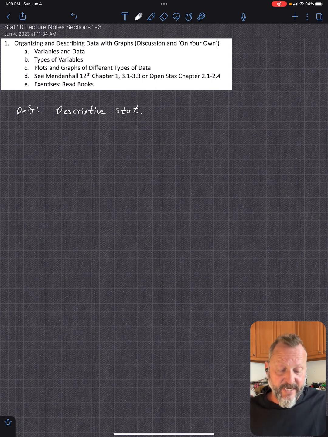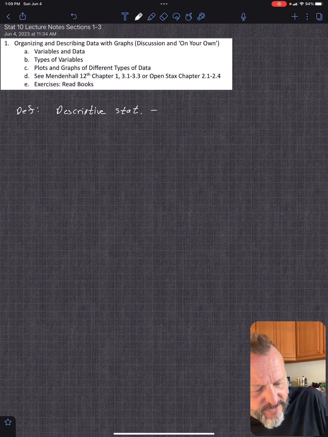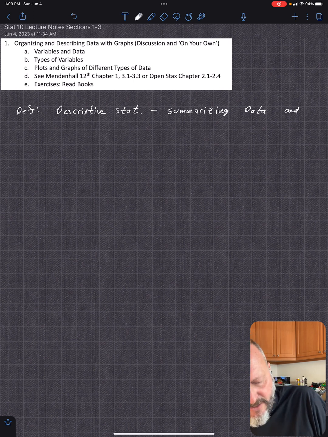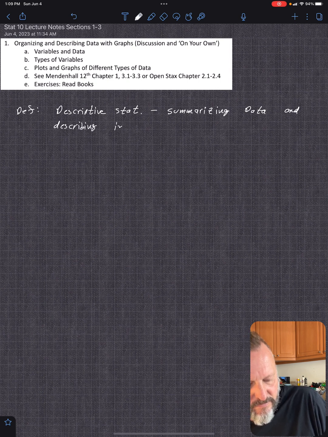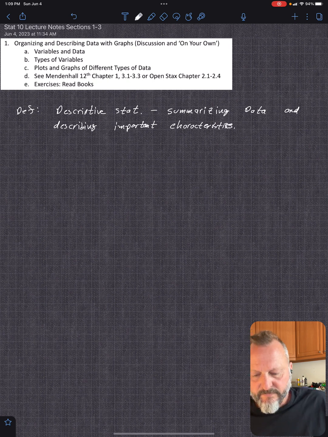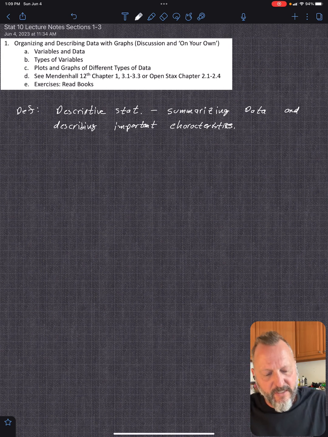It's presenting data that's collected in certain ways in graphs. So this is summarizing data and describing important characteristics of different measurements and things like that.